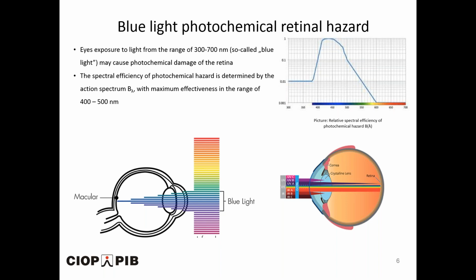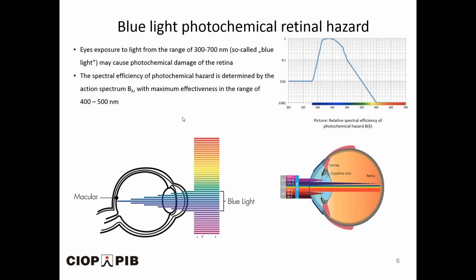So the range of the eye exposure, the range of this hazard, is from 300 to 700 nanometers, mostly in the visible range of the spectrum of the optical radiation, but the most effective is in the blue light band, and it's from 400 to 500 nanometers.